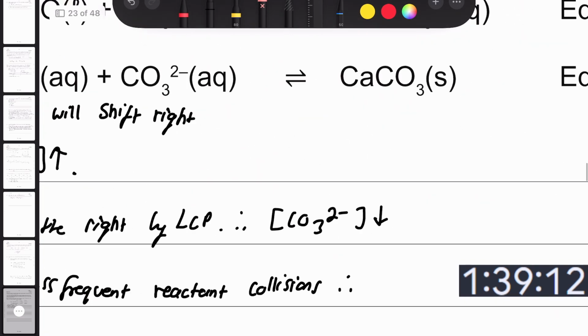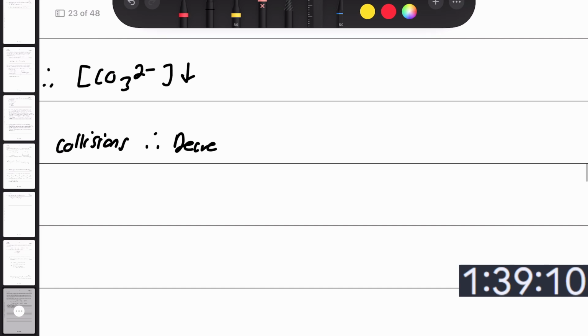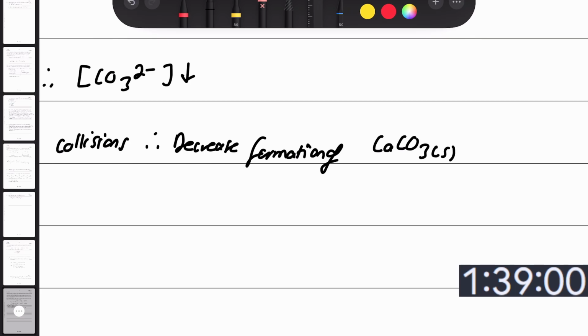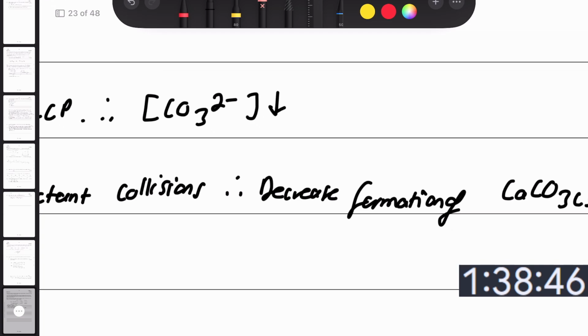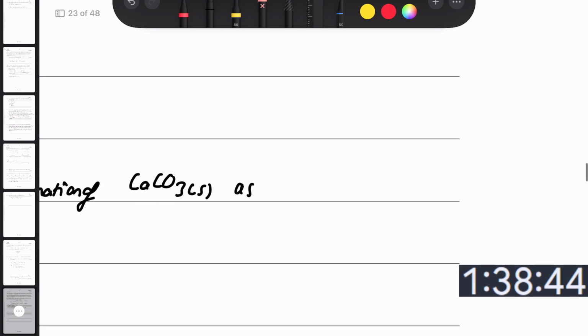Therefore, decreased formation of CaCO3. Decreased formation of calcium carbonate, as the reaction rate of the forward reaction decreases.